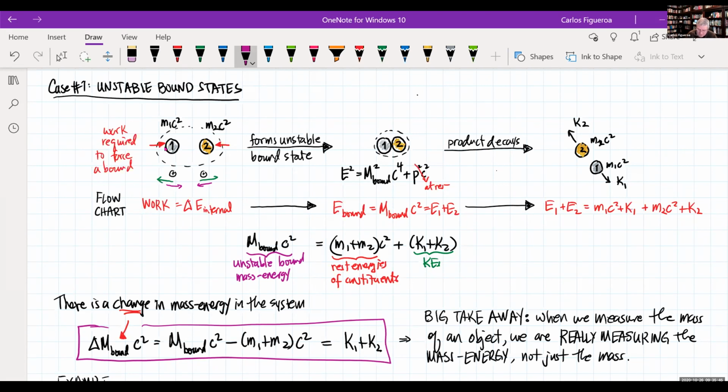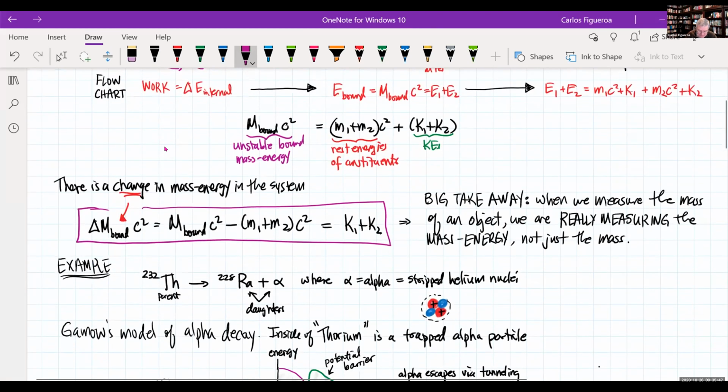And so when I measure this, we say that the system had a change in bound rest energy. You'll see that the bound mass energy is higher than the constituent masses, and the difference is the kinetic energy. So the real big takeaway here is that when we measure mass every day, we're really measuring mass energy.